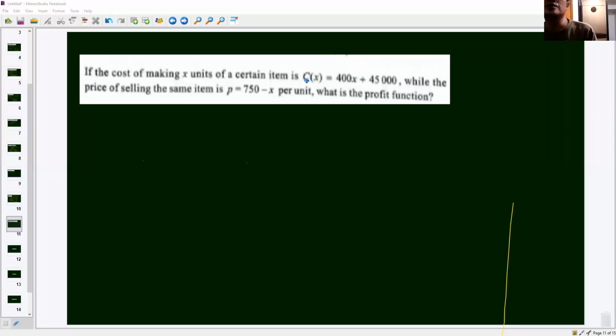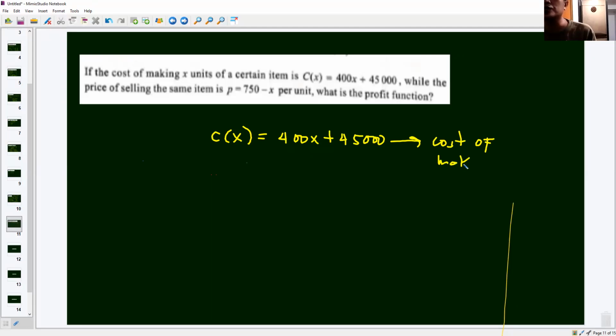Now look at this, guys. Una muna, C of x is a function. Cost function. Cost of what again? Cost of making x units.